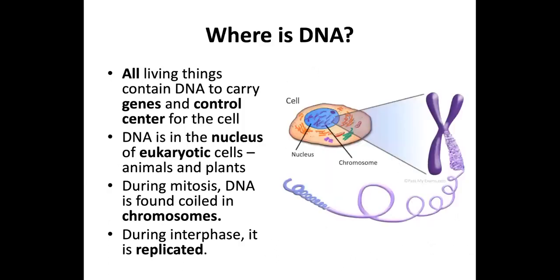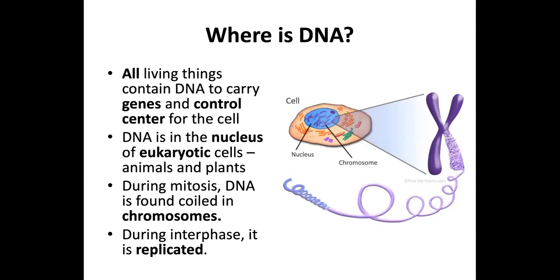Okay? So where is DNA? We already said we find it in the nucleus. But we find it in the nucleus of what type of cell? No, the eukaryote. Yeah. Because eukaryotes have a nucleus. But we still find DNA in a prokaryote.